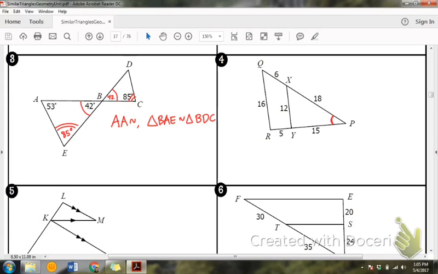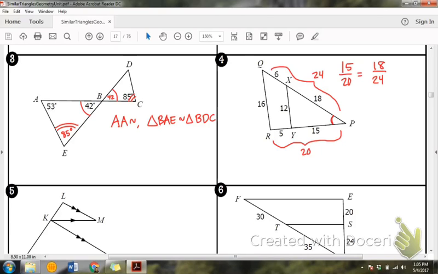Okay, so let's do 15. And then we need to figure out how much these sides are, right? 15 and 5 is 20. And then over here, this whole side is how much? 6 plus 18 is 24. So 15 is going to go with 20, and then 18 is going to go with 24.